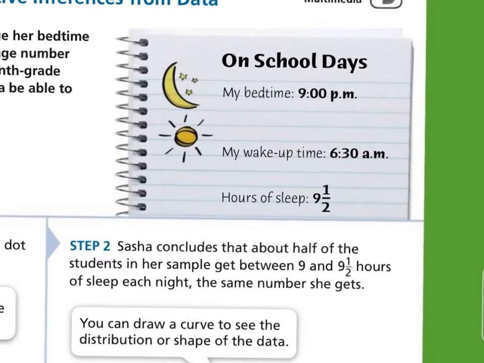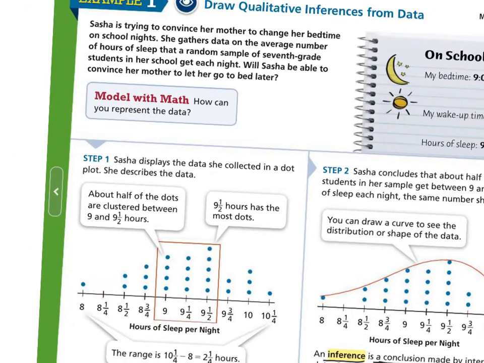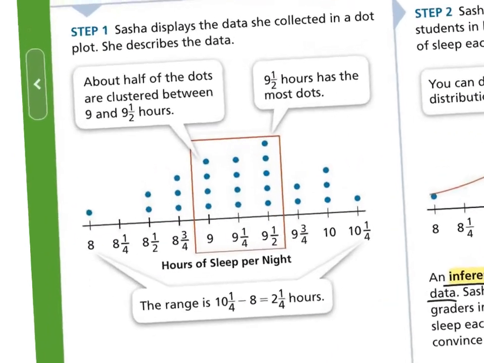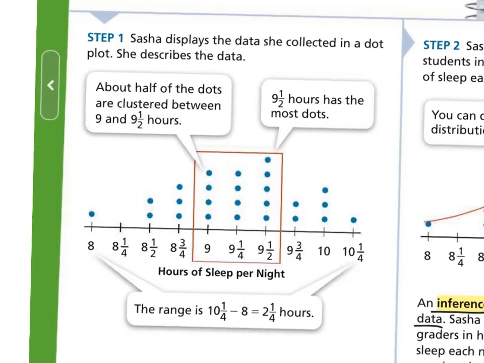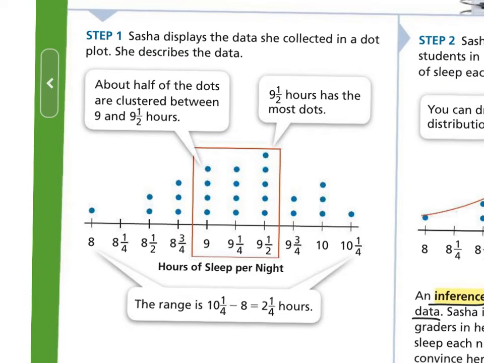Here's the information. You can see she is getting 9.5 hours of sleep. If you look at the information here, she collected the data and then she's describing the data. About half the dots are between 9 and 9.5 hours. 9.5 hours has the most dots.